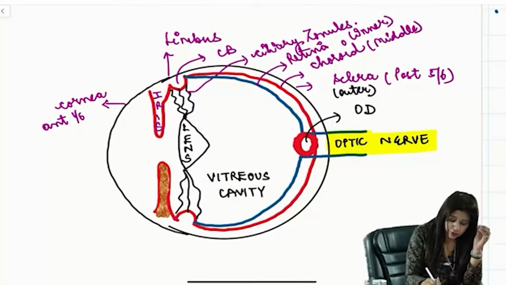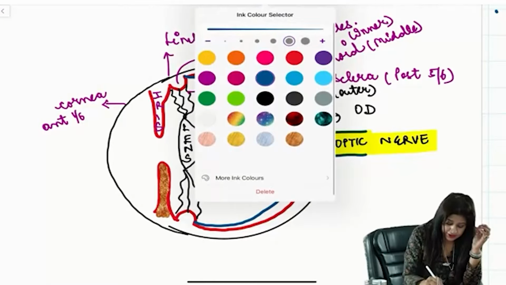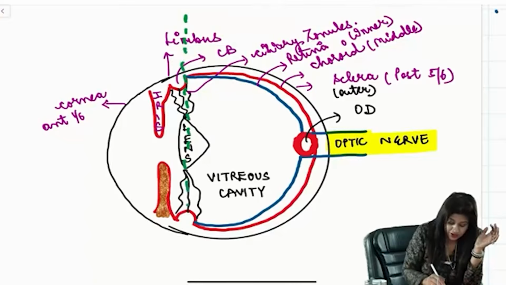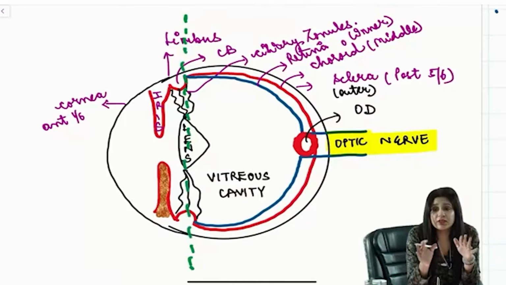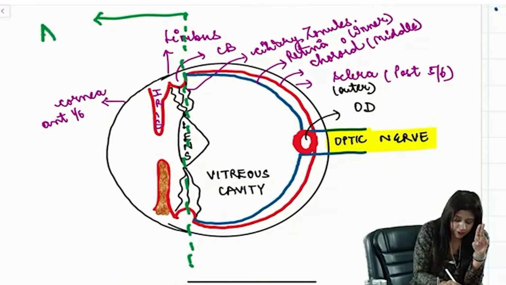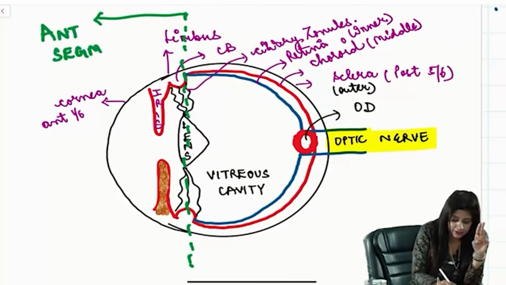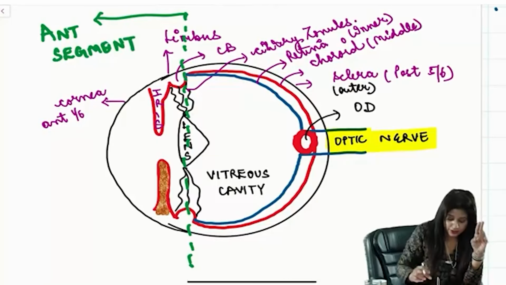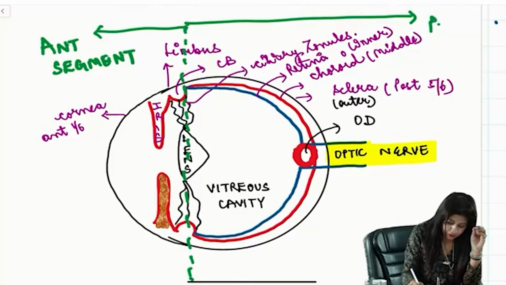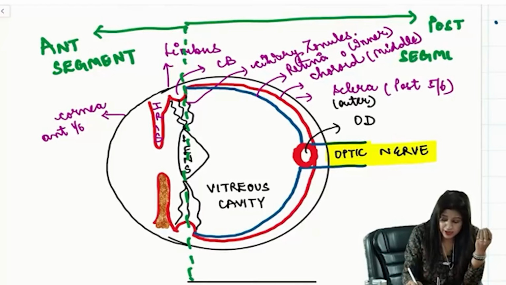Now if I want to see the internal structure, I will use an imaginary line. This imaginary line is dividing the eyeball into two segments. On this side we have the anterior segment, and on the posterior side we have the posterior segment, and this is easy also because we have two segments only.